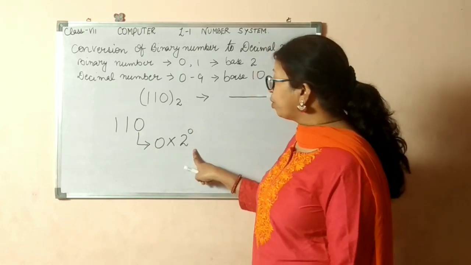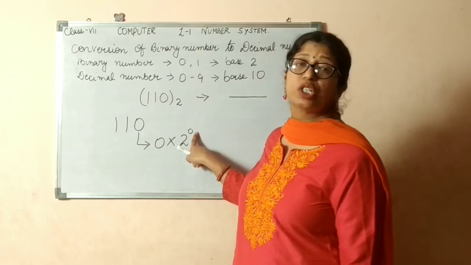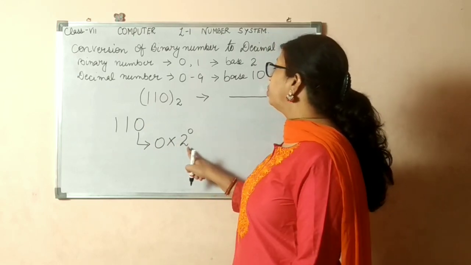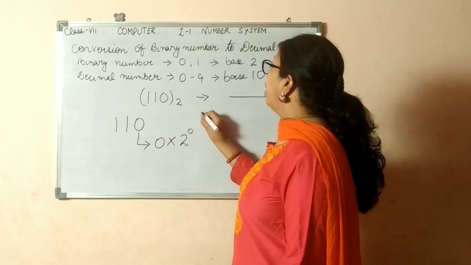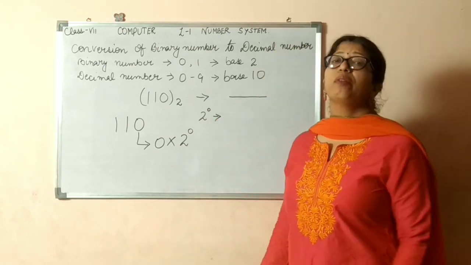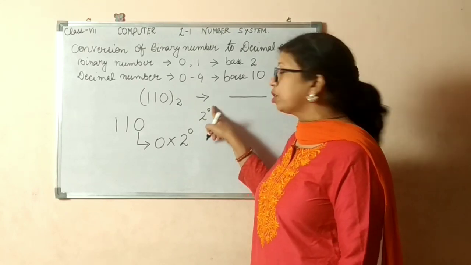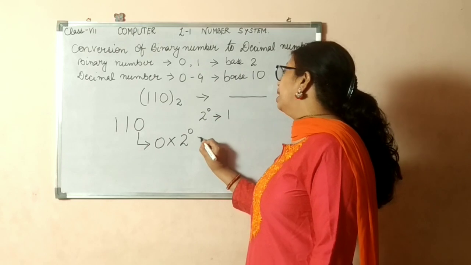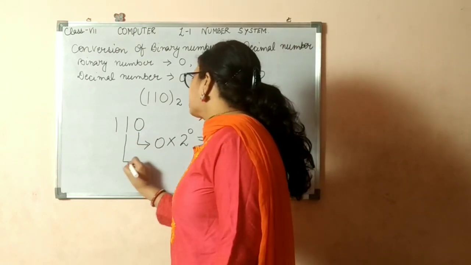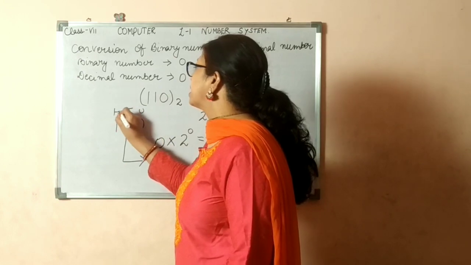So how to write it? The face value multiplied by base with the positional value: 0 into 2 raised to the power 0, where you must understand that the value of 2 raised to the power 0 is always 1.